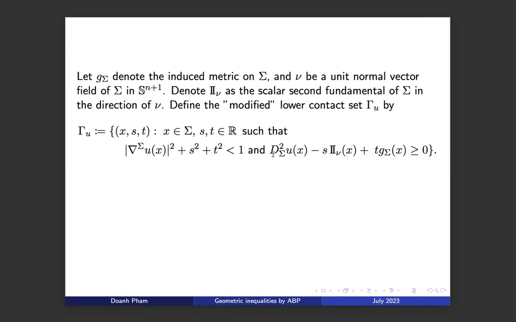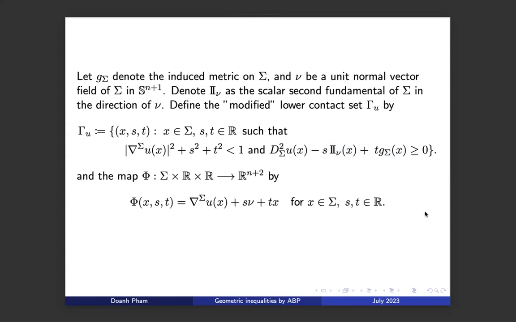Similarly, in the set gamma u, we require that the Hessian of u minus s multiplied by the second fundamental form plus t g, t times the matrix, has to be non-negative. The terms s and t multiplied by these matrices are the cost of the curvature.